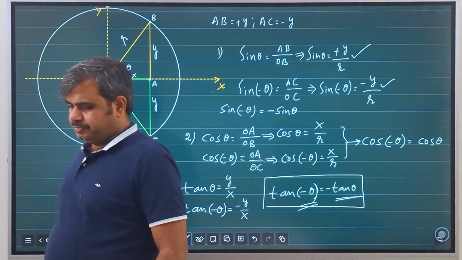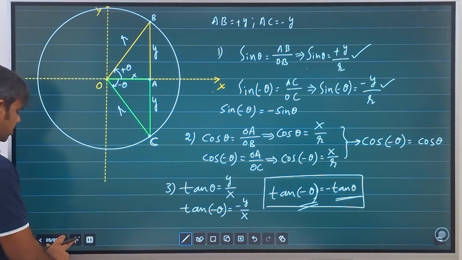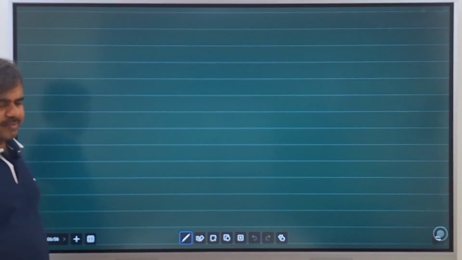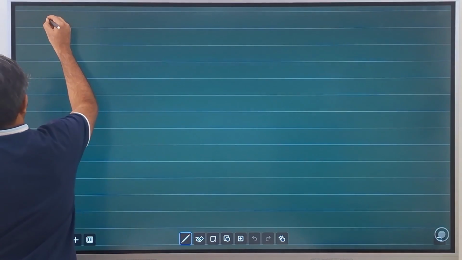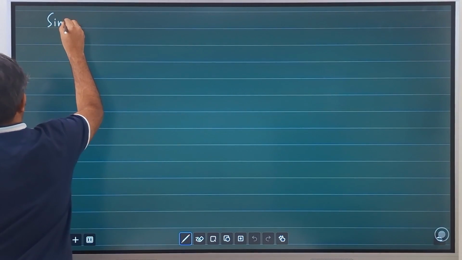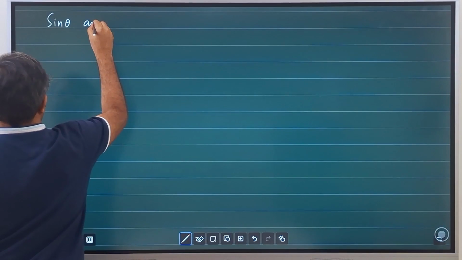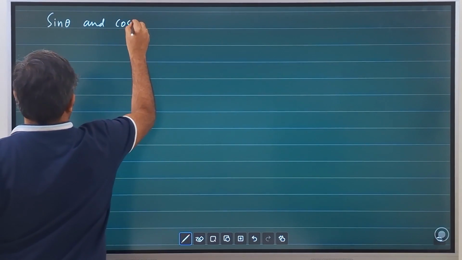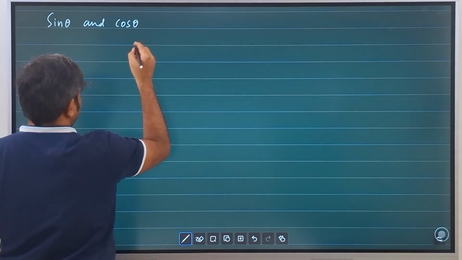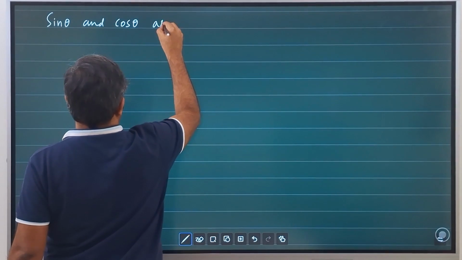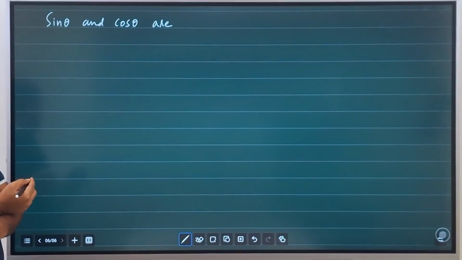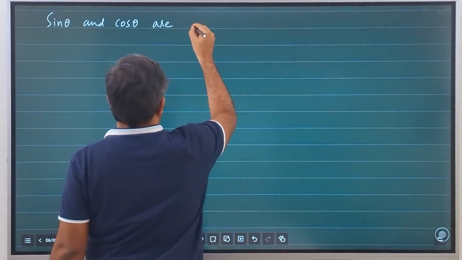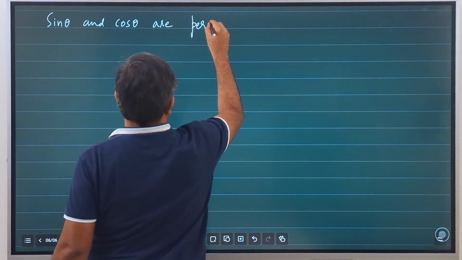Now, one more property of these trigonometric functions is that sine theta and cos theta, the ratios of sides in a right angled triangle, are also called periodic functions.